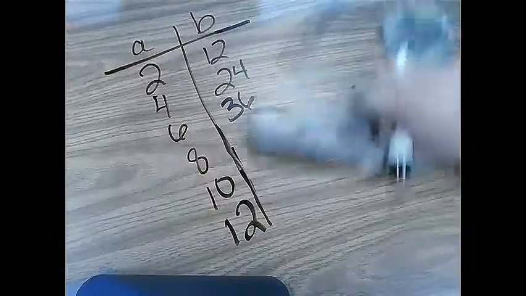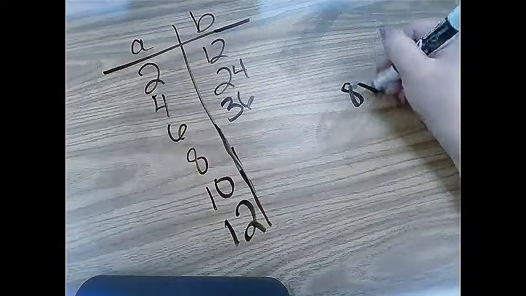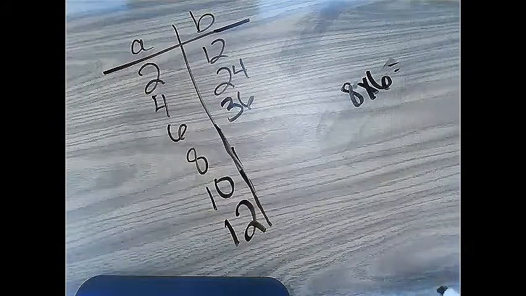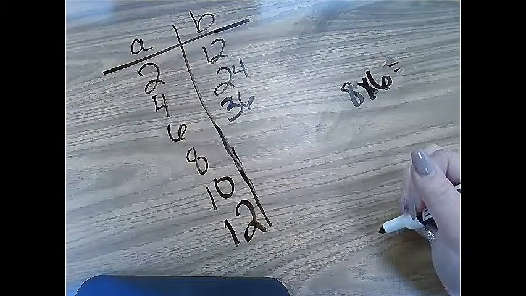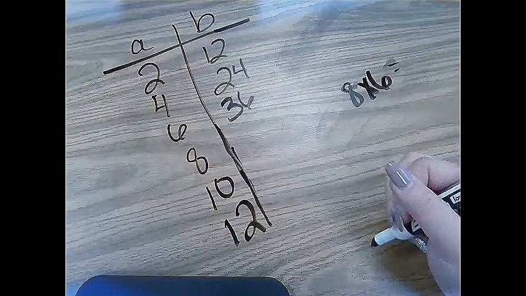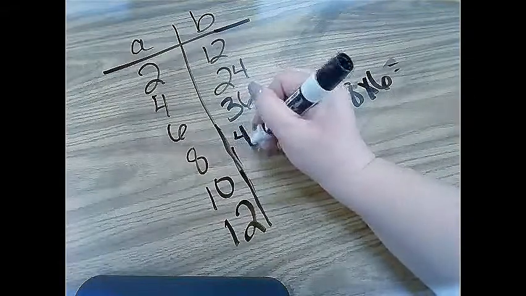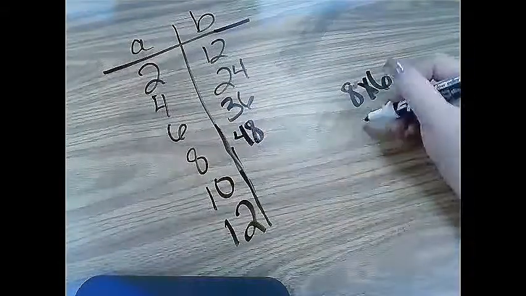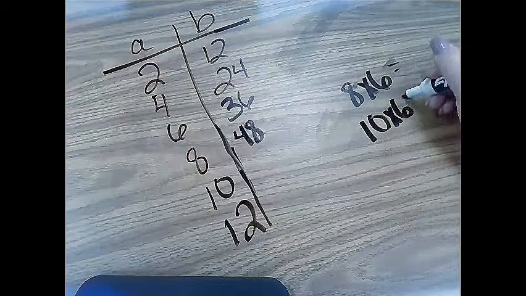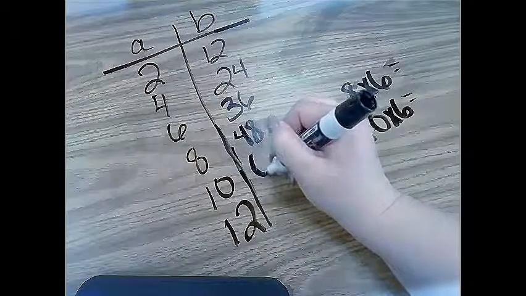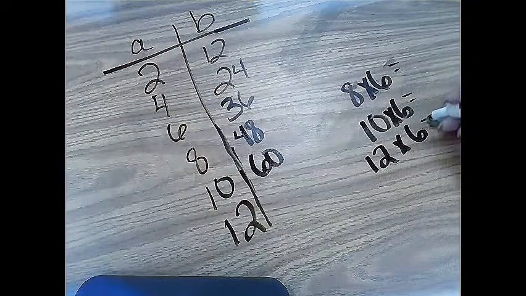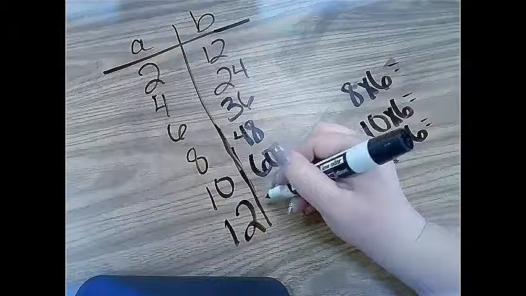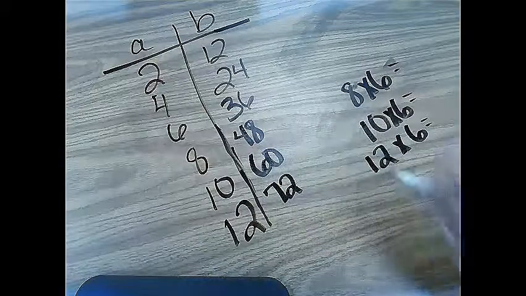So all we have to do now is figure out 8 times 6. Go back to your multiplication facts. What is 8 times 6? That's going to be 48. Then 10 times 6 is 60. And 12 times 6 is 72.